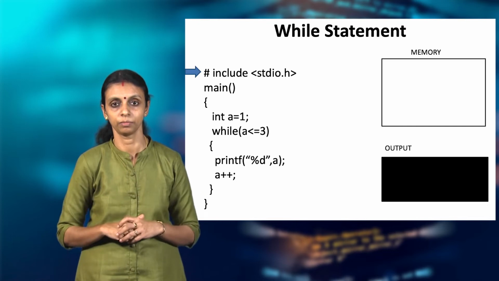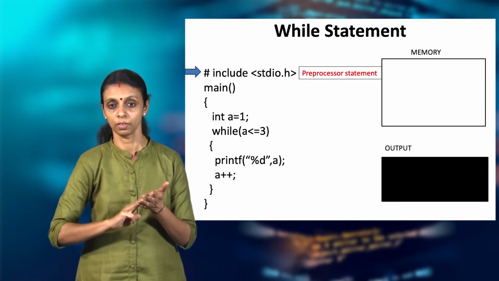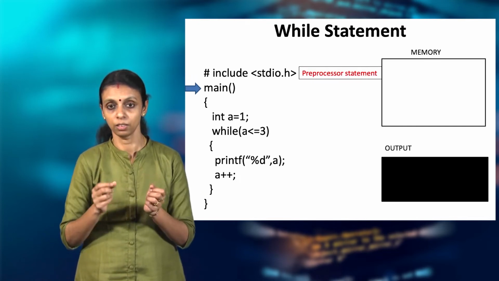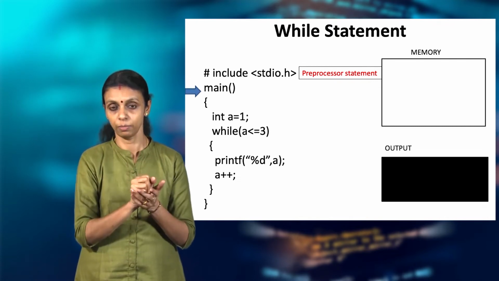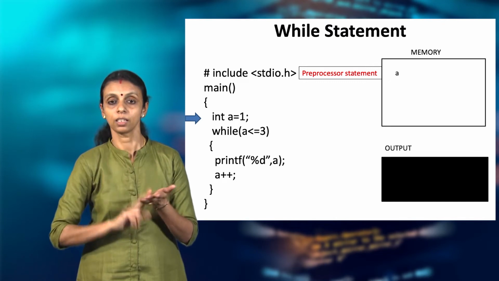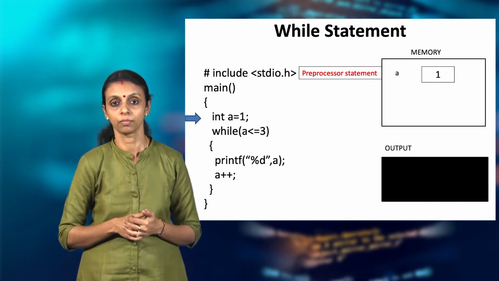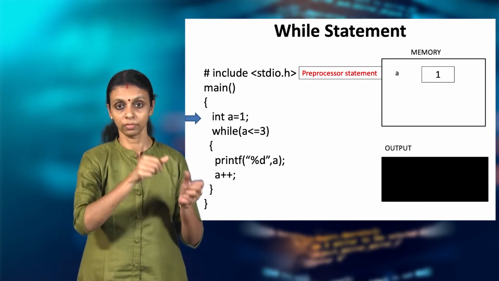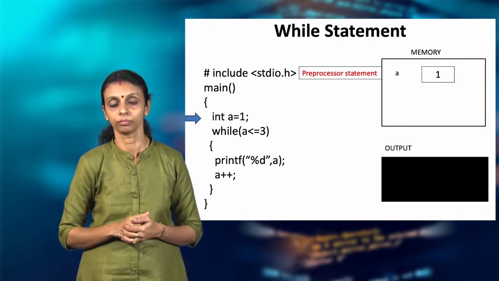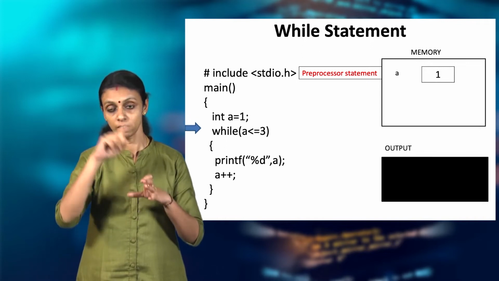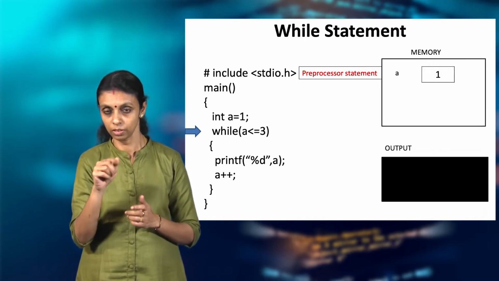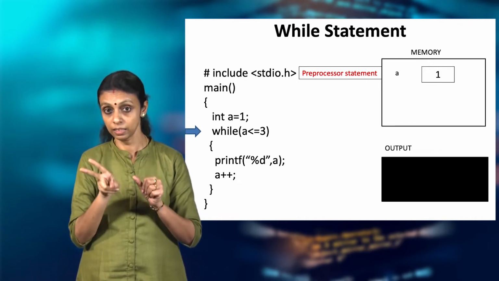Preprocessor statement. Program starts with main function. A is a variable of int data type and 1 is stored in it. Next is while loop. There is a condition a less than or equal to 3.